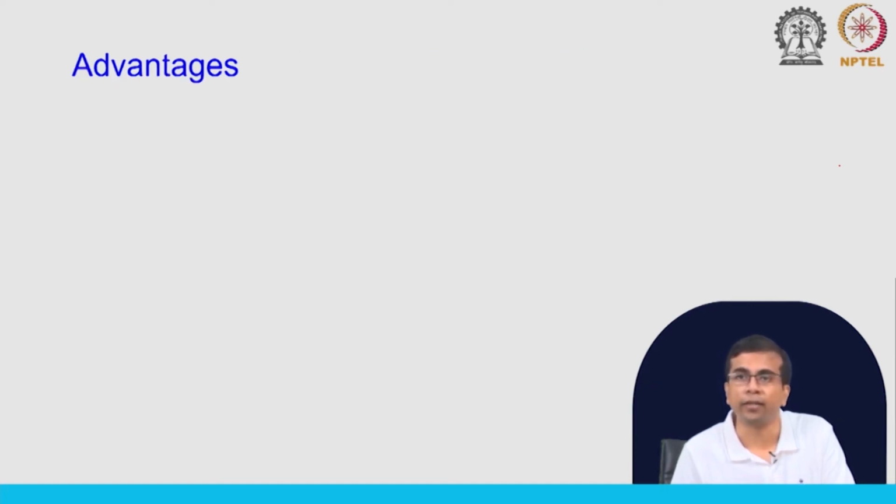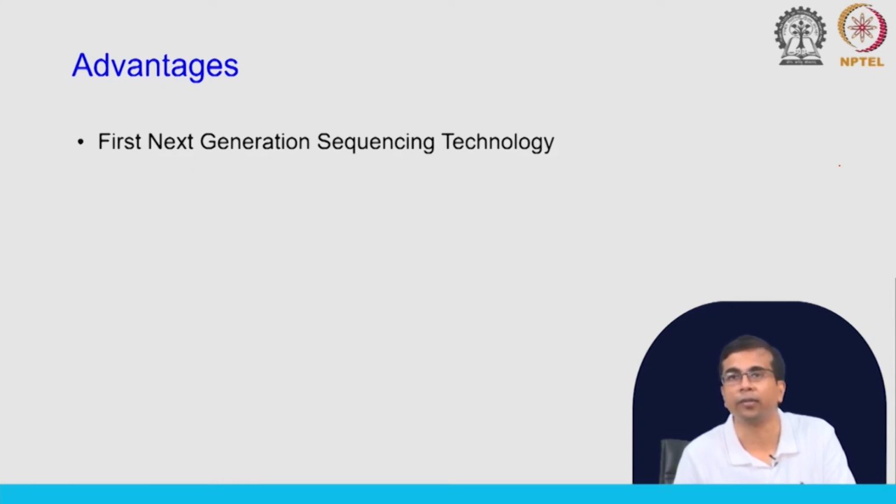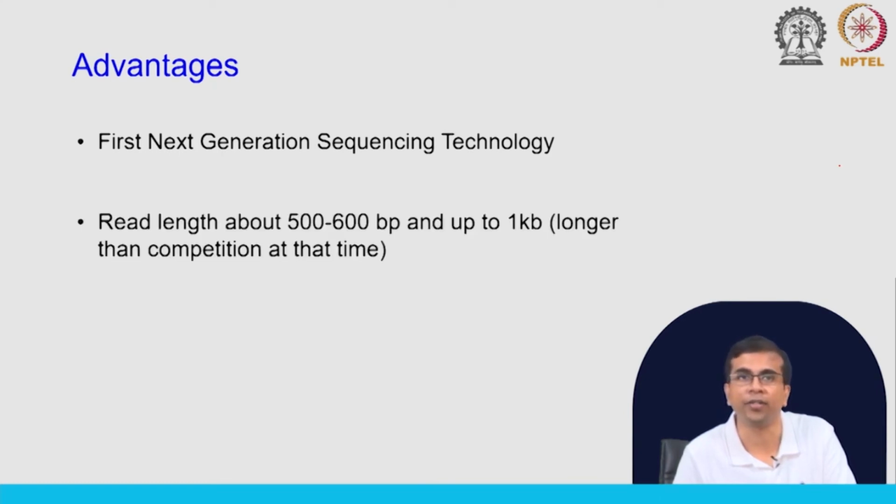What are the advantages of 454? This was the first method, as I mentioned. It had tremendous popularity, so there was much research work done using this technology. The read length was about 500 to 600 base pairs and up to 1 kb in some cases, which was longer than the competition at that time.